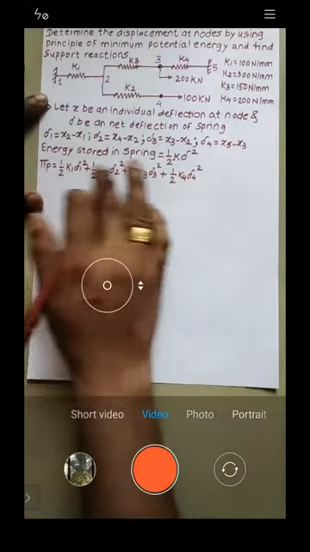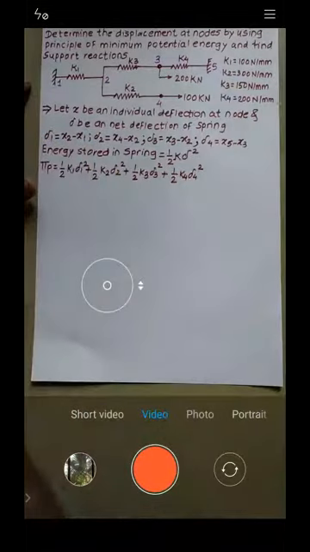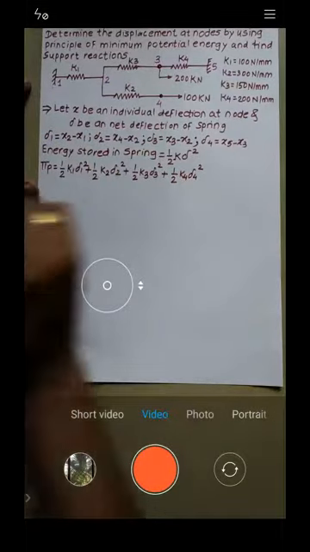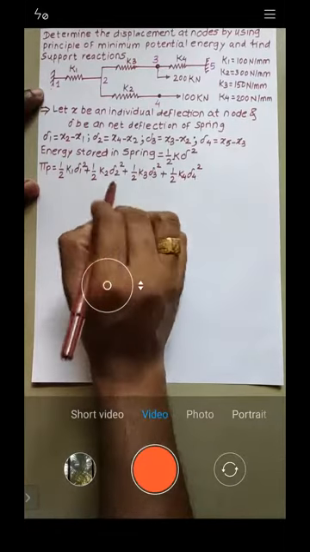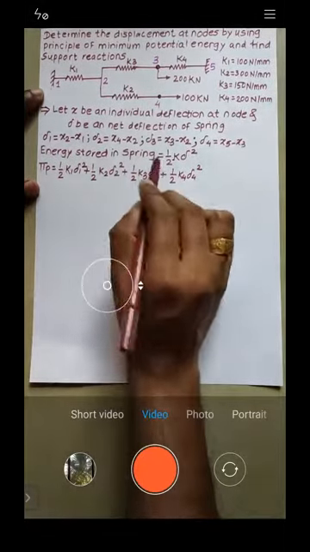This is all about the strain energy stored in springs 1, 2, 3 and 4, right?